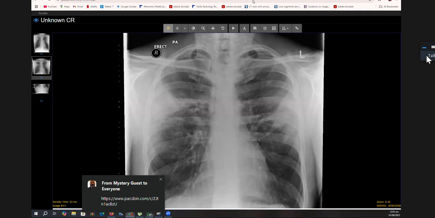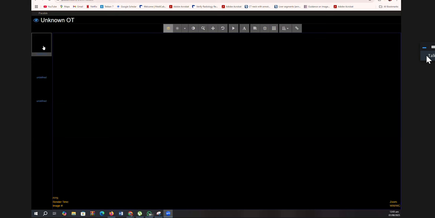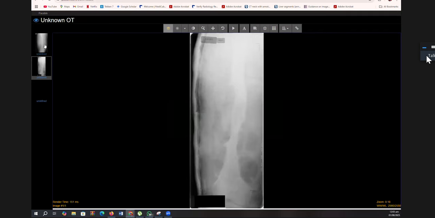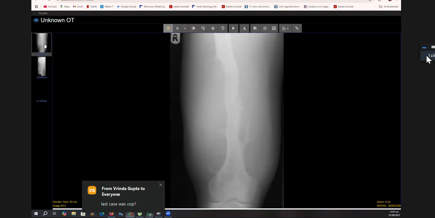Next case, who has a slowly progressive mass lesion in his thigh. Okay, sir. It's okay, it's just taking a short while to load.